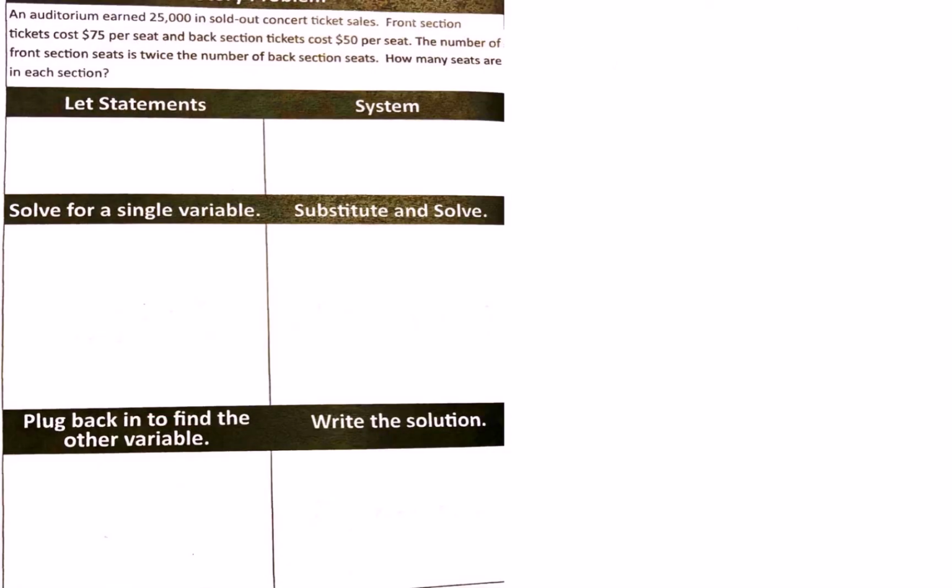Here we have the second problem that I will go over. So I have that an auditorium earned 25,000 in sold out concert ticket sales. Front section tickets cost 75. So let me highlight that. So front section cost 75 per seat and back section it's 50 per seat.